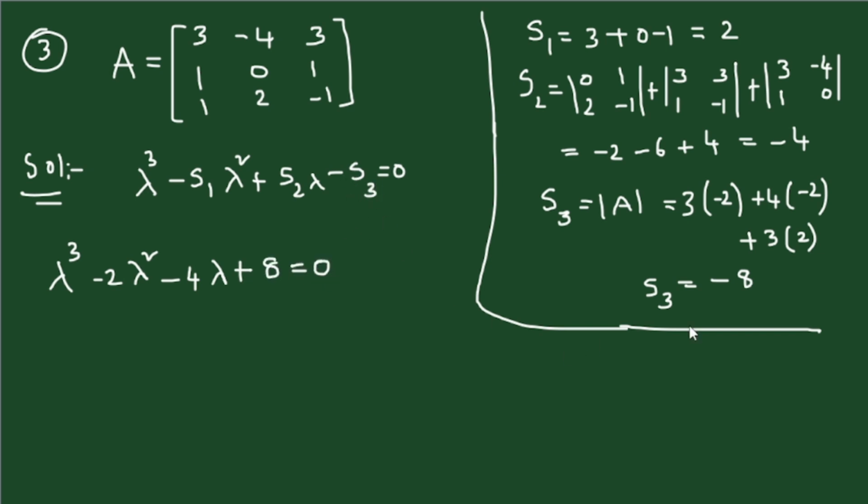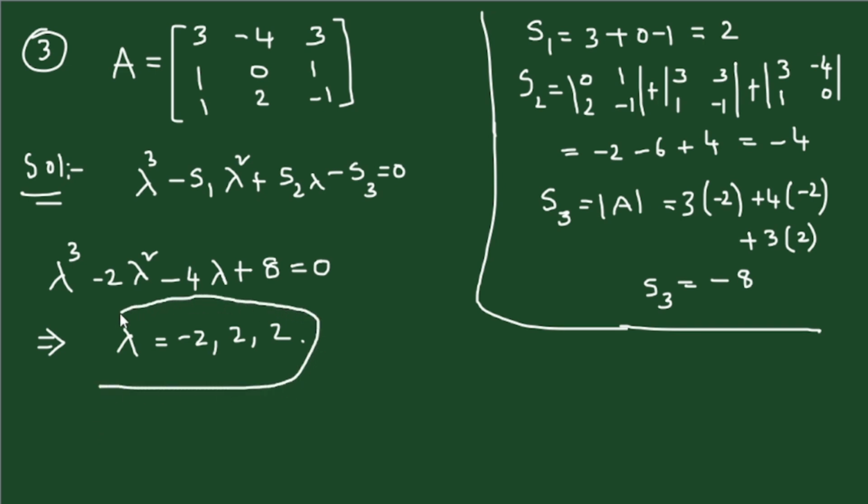Minus S3 is plus 8. So if you solve this using your scientific calculator, you will get eigenvalues lambda equal to minus 2, 2 and 2. So here we have got one eigenvalue different and two eigenvalues as same.